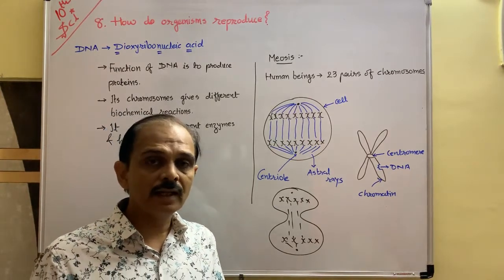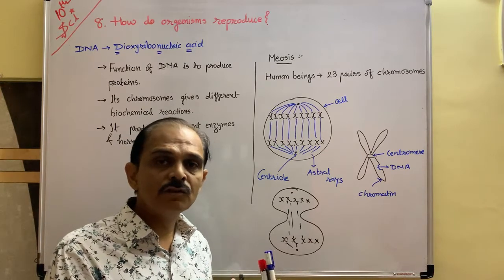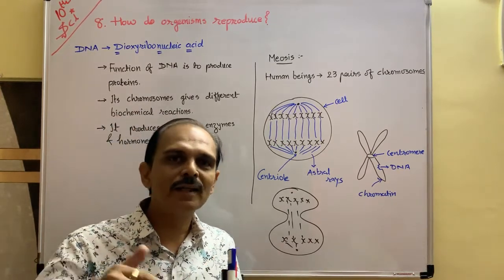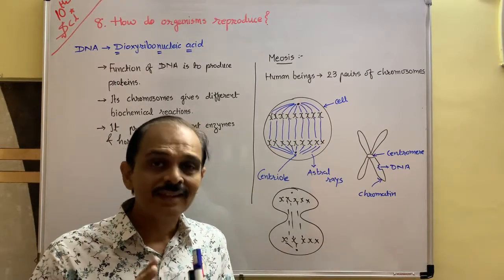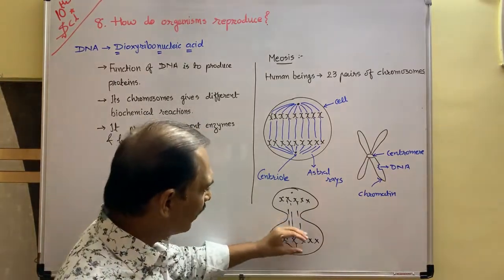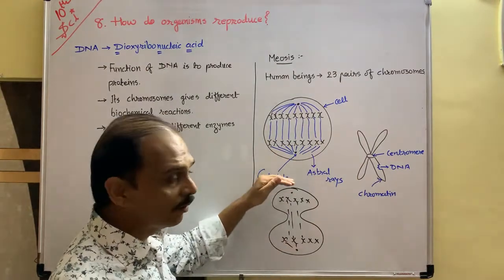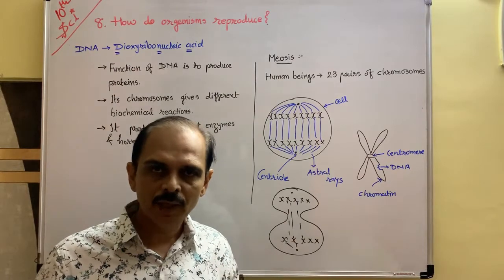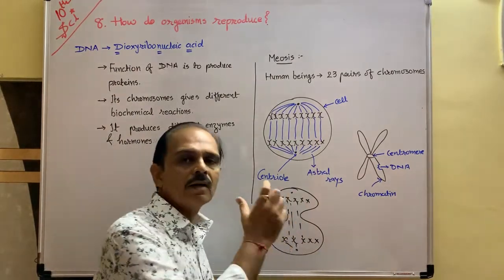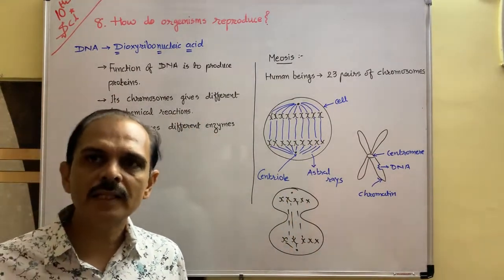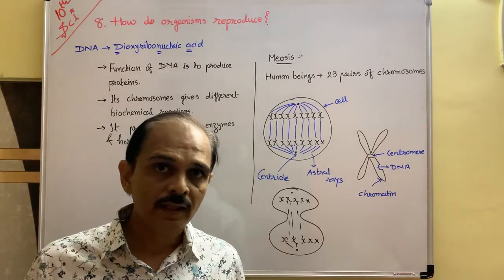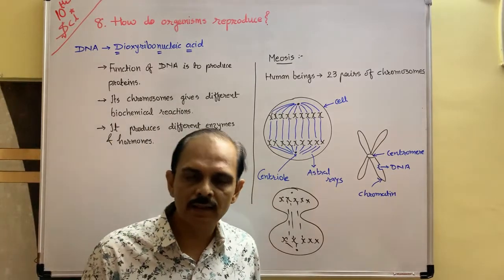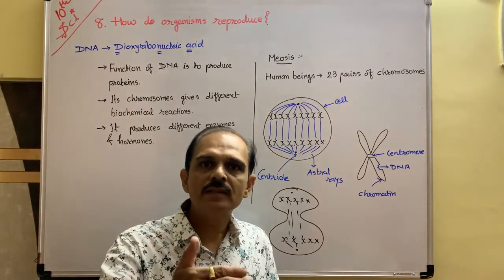That means we said that a dog gives birth only to puppies. It never gives birth to anything else, right? Why? Because here 23 pairs of chromosomes and 23 pairs, though remember their characteristics are now different, but the number of chromosomes remains the same. This is the important thing. If the number of chromosomes remains the same in one individual cell, then the same copies are formed.